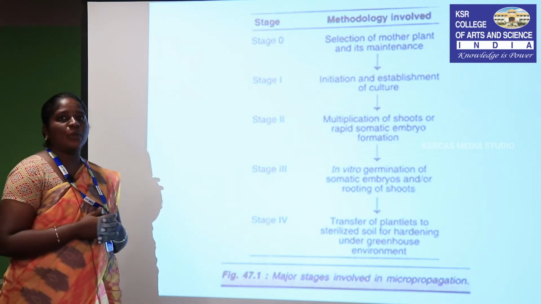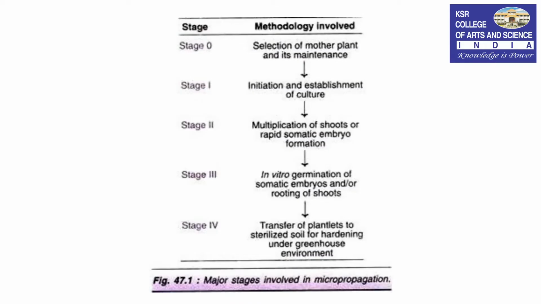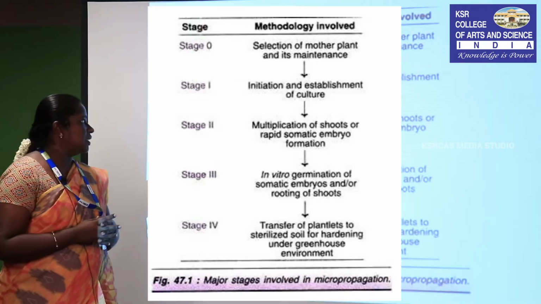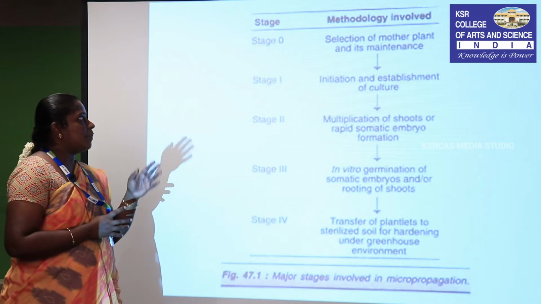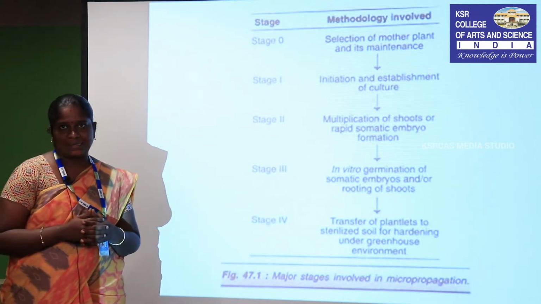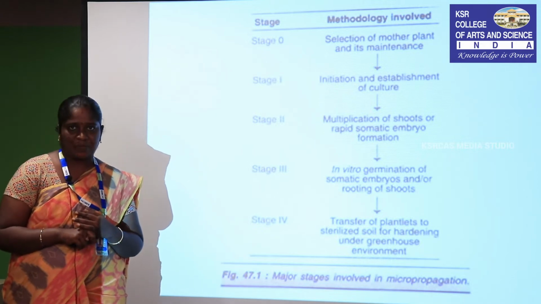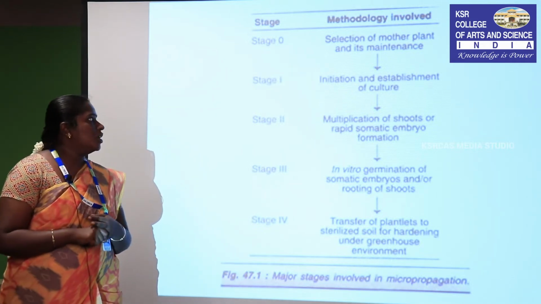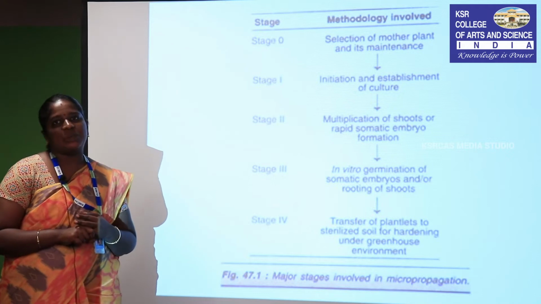In the micropropagation methodology, major steps are involved. In the first stage, selection of the mother plant and its maintenance. In the next stage, initiation and establishment of culture.